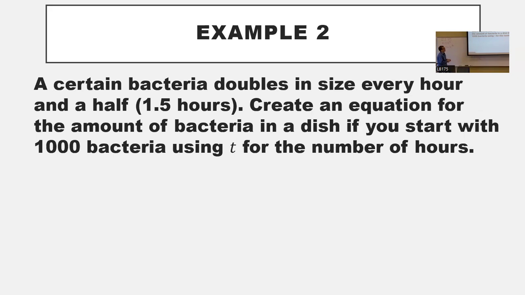If I'm given a time period where some amount will double, like in this example, it says a certain bacteria doubles in size every hour and a half, or 1.5 hours. Then it says create an equation for the amount of bacteria in a dish if you start with 1,000 bacteria in the dish, using t for the number of hours.